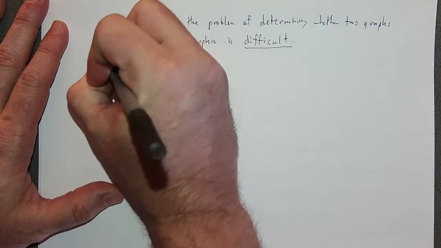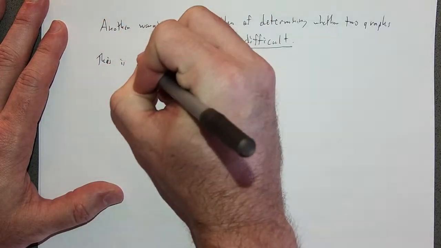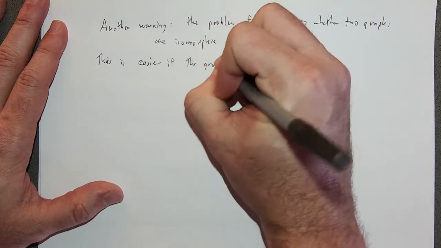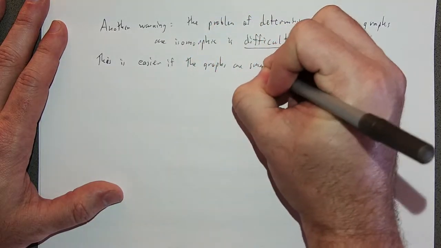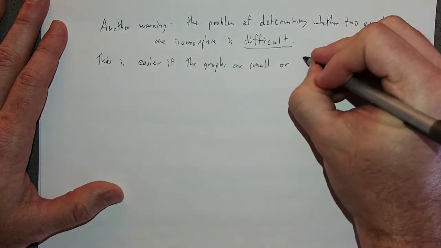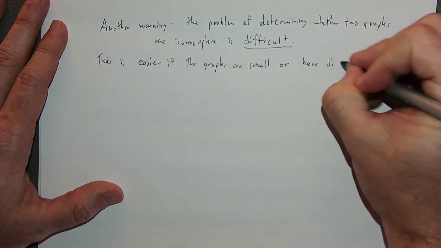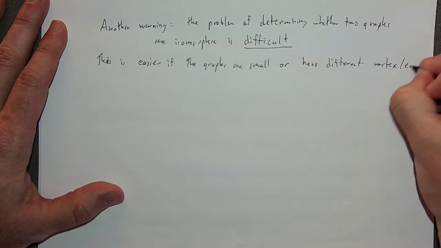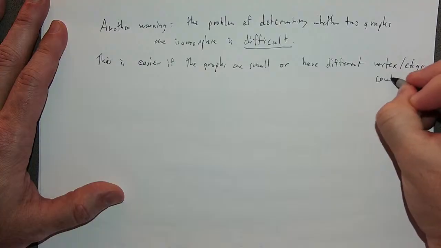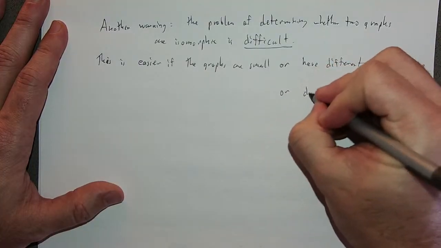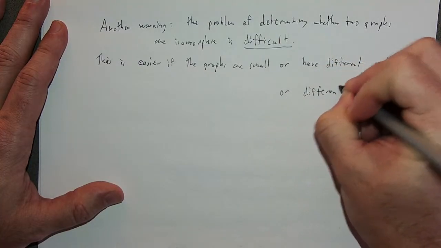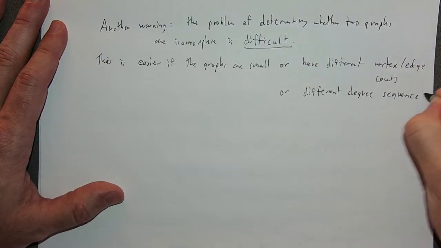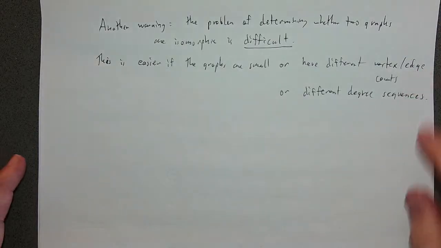This is easier if the graphs are small, or obviously have different vertex or edge counts or different degree sequences. So obviously, if they have different vertex or edge counts, you can detect that.